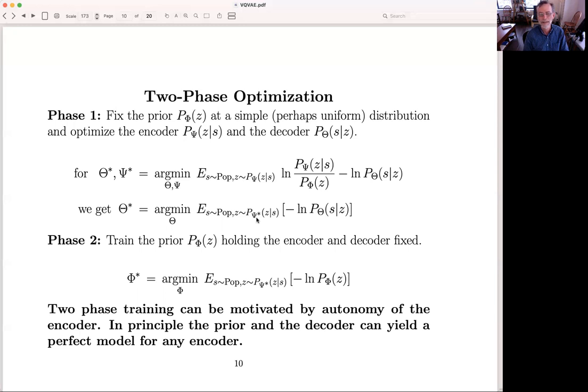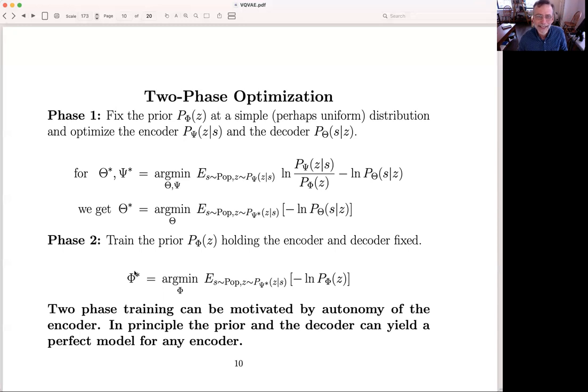It just has to model the distribution that the encoder defines. And that motivates this two-phase training, where this two-phase training can model the data exactly, even though the prior is trained later, right? So you can, in principle, model the data exactly by training the prior last. It does not have to be trained jointly with the encoder. And that's exactly what is done in VQ-VAEs. And I just now realized that there's this motivation for that architecture.